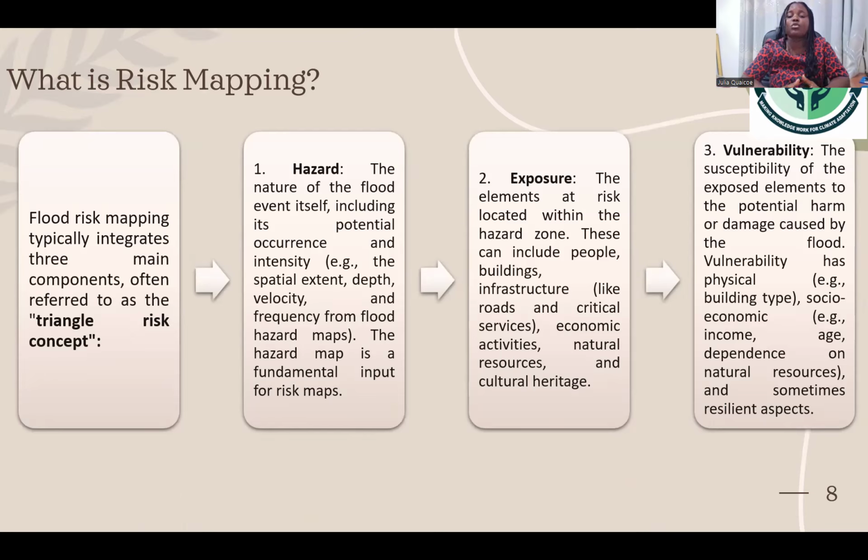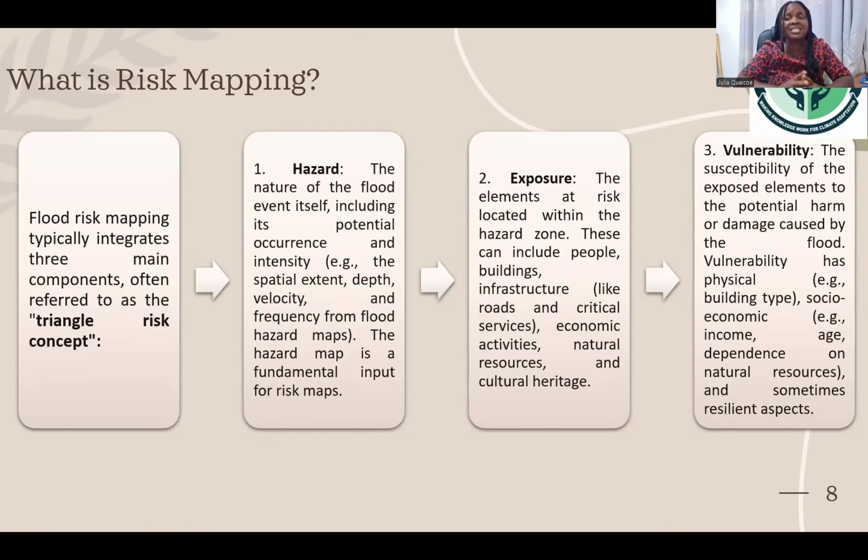And then we can also look at the frequency of the flooding from previous hazard maps, right? If mapping has already been done, or if there exists some literature on that particular area, literature can be reviewed to know how often that particular area experiences flood.